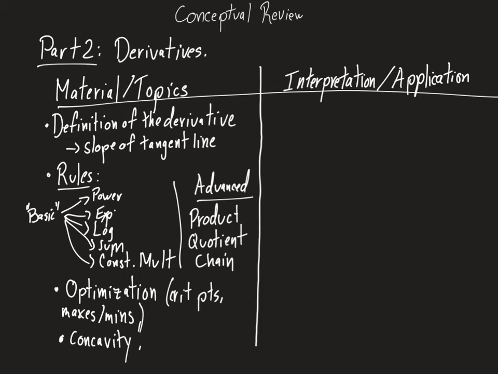Okay. Now, what about the interpretation? Why did we learn about all of this? First of all, the derivative is speed, or rate of change.